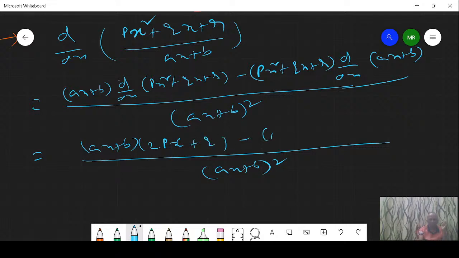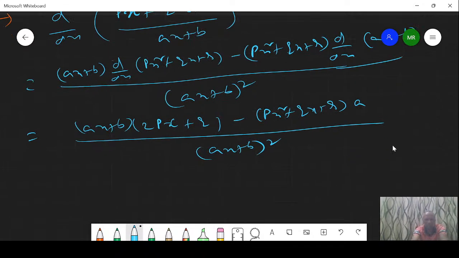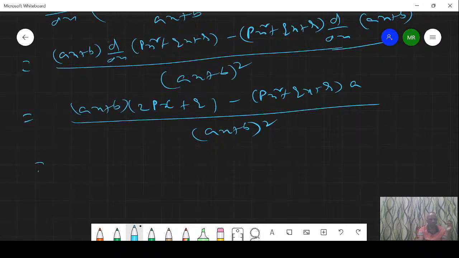Then px square plus qx into the derivative of ax plus b, a into 1, constant 0. Then I can simplify which are possible. I got 2px plus q. I can multiply this. This will be 2apx square.